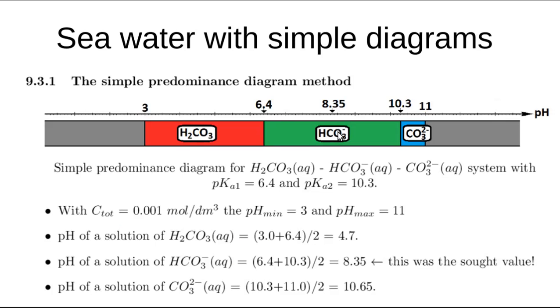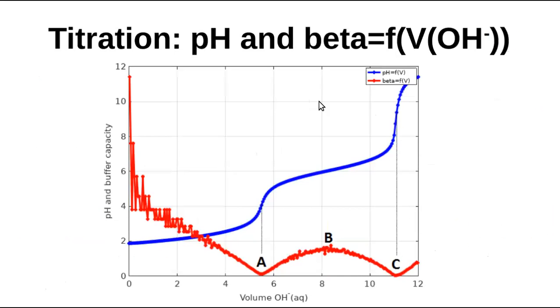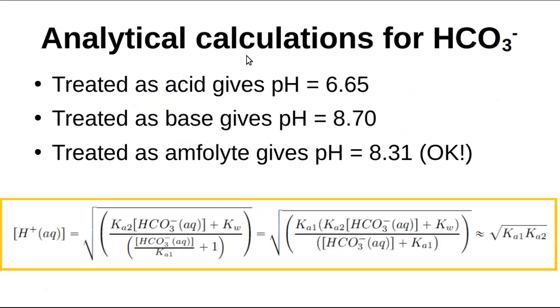If you want to do this analytically, it is usually not given in textbooks in chemistry. If you treat the hydrogen carbonate as an acid, then you would calculate the pH as something like 6.65.